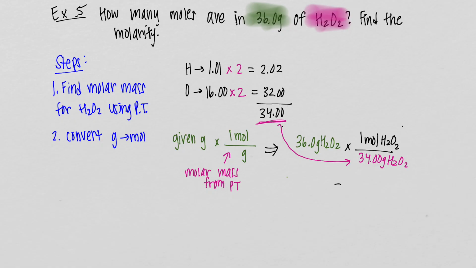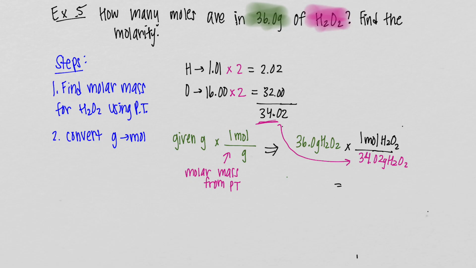And now all you have to do is multiply across. So you can multiply 36 by 1 and then divide that by 34. And when you do that, 34.02. Sorry, I just noticed I messed that up. 34.02. Let me fix that over here. 34.02 grams of H2O2.